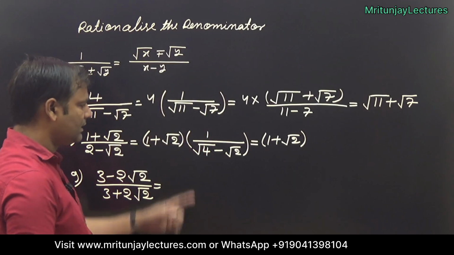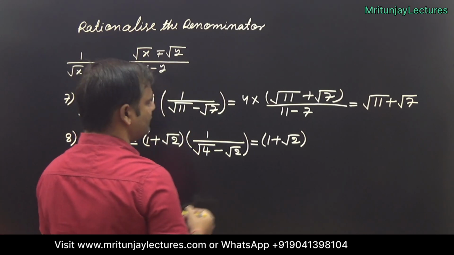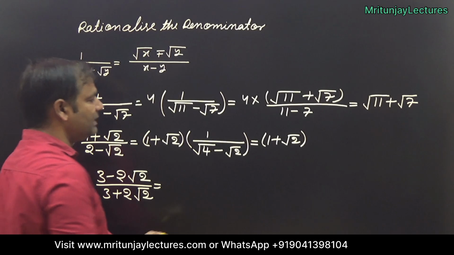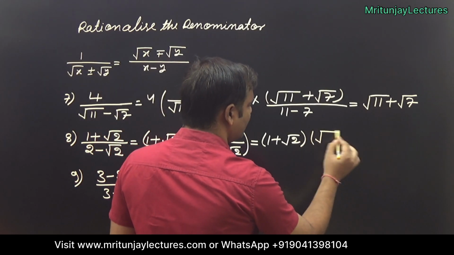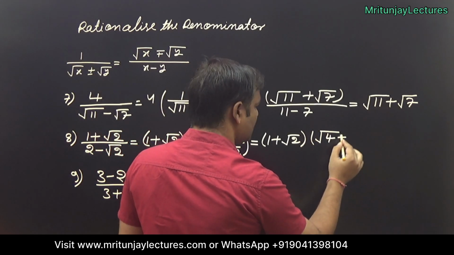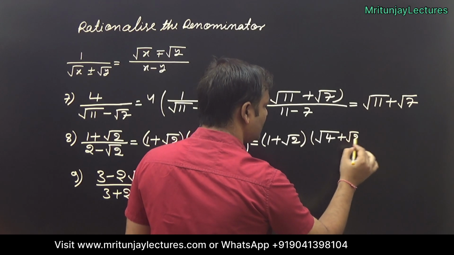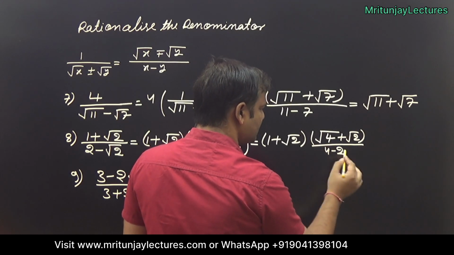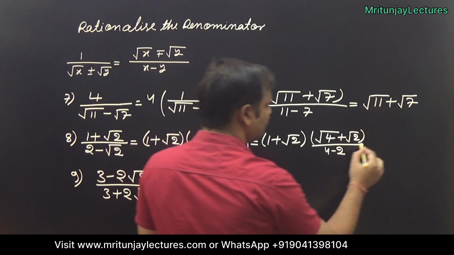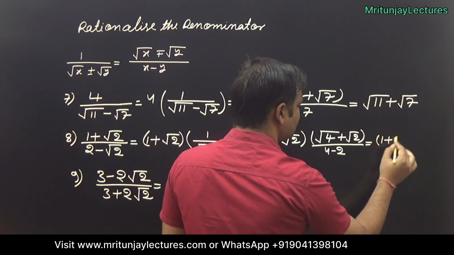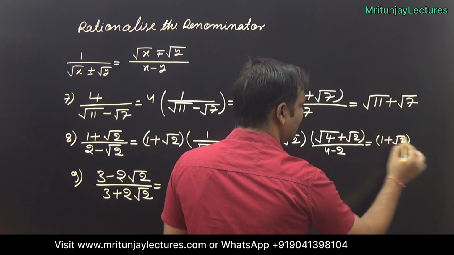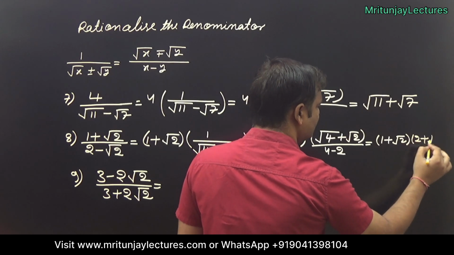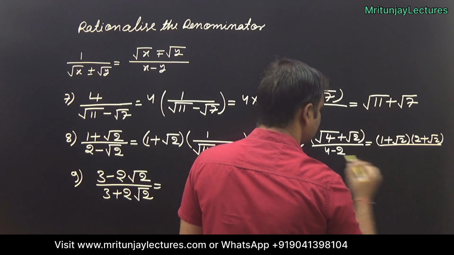Now if you apply that formula, we simply write root 4 plus root 2 divided by how much? 4 minus 2. So that is 2. So we got 1 plus root 2 times 2 plus root 2, divided by 2.